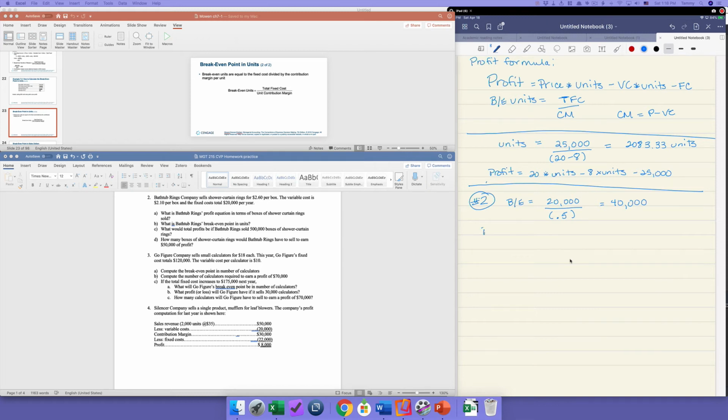So total profit is going to be, we'll say $2.60 times 500,000 minus $2.10 times 500,000 minus 20,000, which is, if you solve that all out, it comes to 230,000.